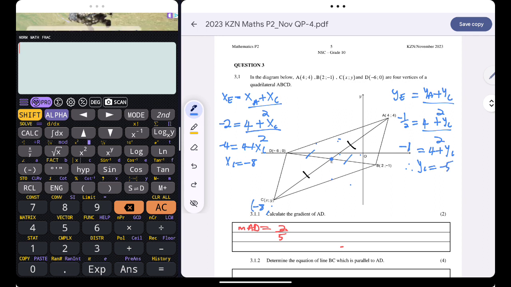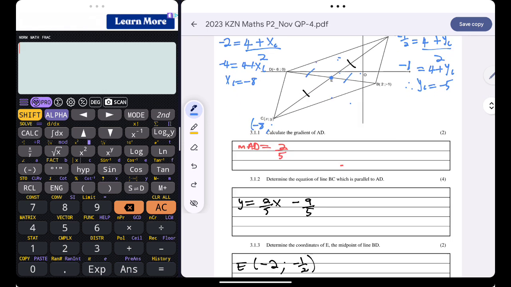Are you together? I've just used the midpoint. Why? Because E is both the midpoint of DB and AC. Why am I saying that? Because I was told that ABCD is a parallelogram, and from the properties of a parallelogram, I know that the diagonals of a parallelogram will always bisect one another.